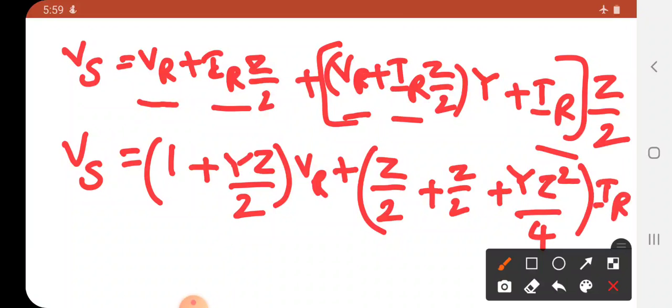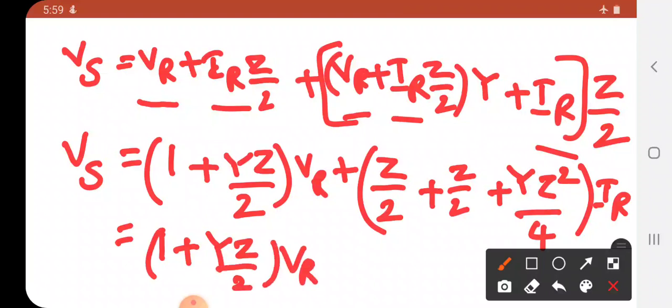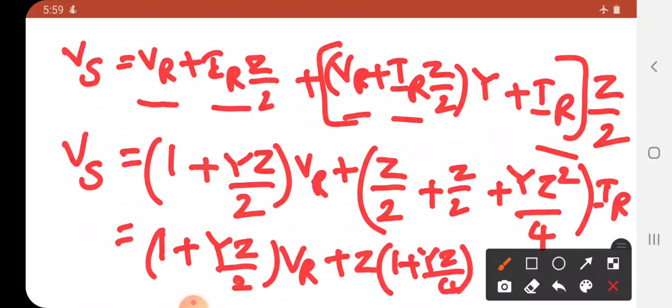or you can also write this equation as 1 plus YZ by 2 into VR, and Z by 2 plus Z by 2 is Z, and if you common the Z, then it is 1 plus YZ by 4 into IR.